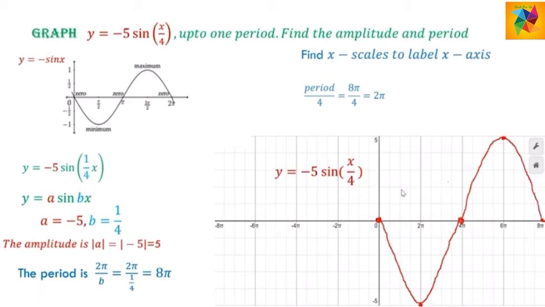Very nice. So we started at 0 and went down to min, back to midline, up to the max, and then midline again. Just a quick note, your graph is always going to be between 5 and -5, which is really the range of the graph.